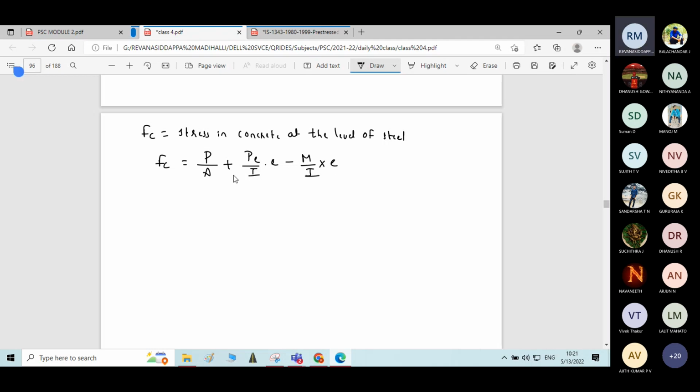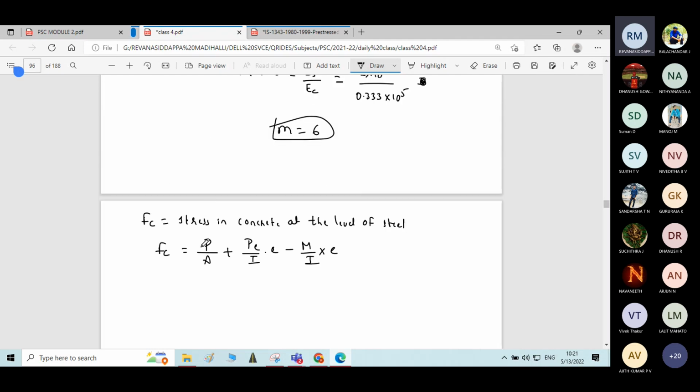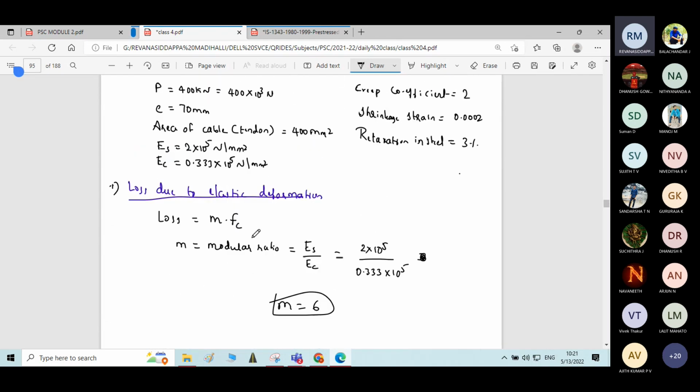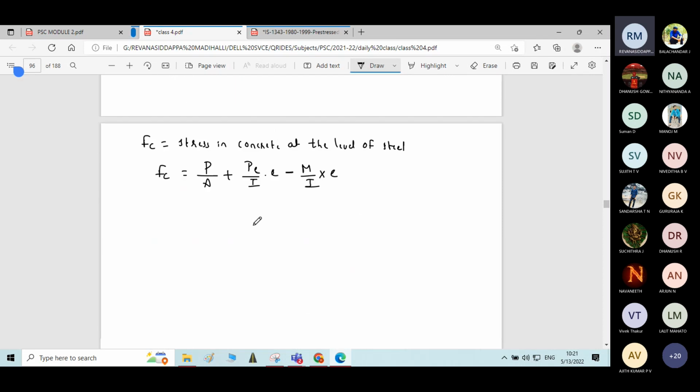Okay, this is the formula. Now, the pre-stressing force is given. How much is it given? It is given as 400 into 10 power 3.